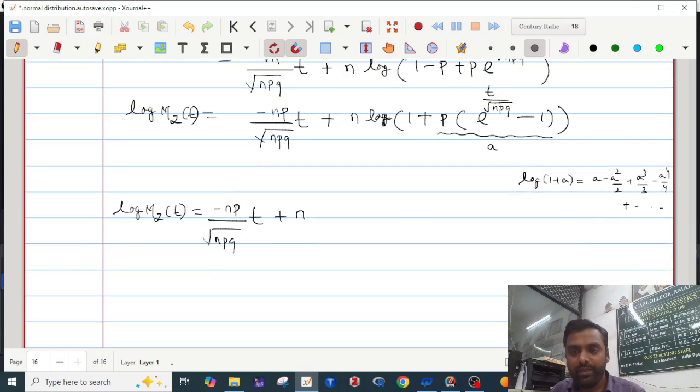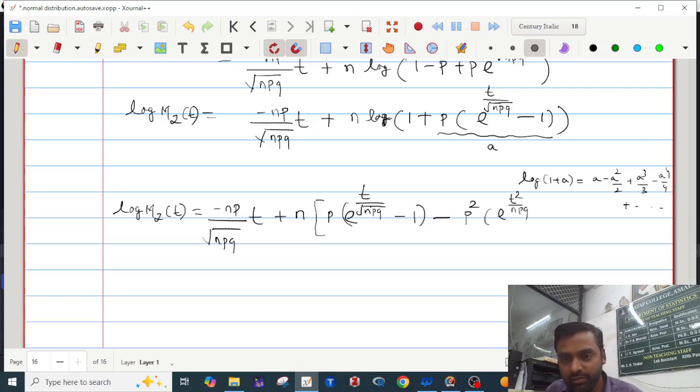This a is p into (e raised to t upon root of npq minus 1). This is a, minus a square, this is p square into (e raised to t upon root npq minus 1) bracket square, and so on.